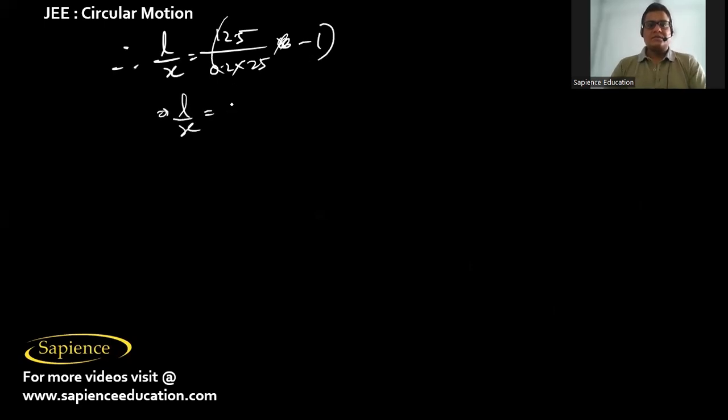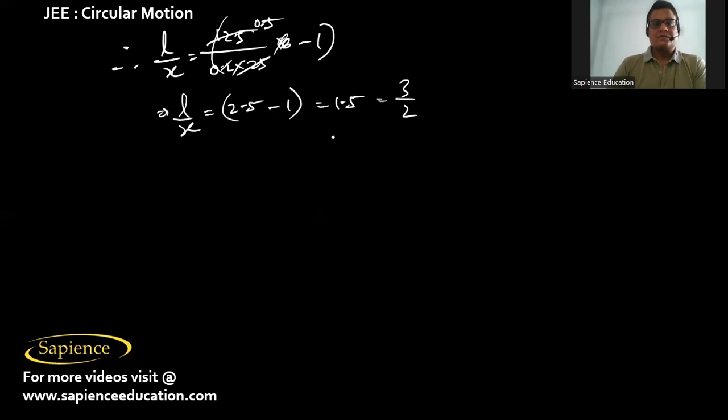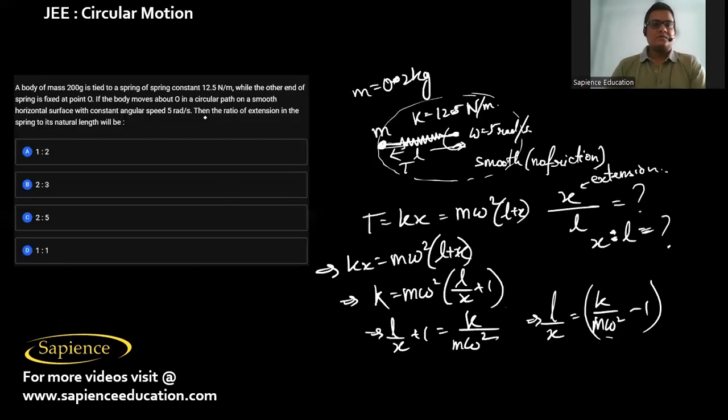K is 12.5, m is 0.2, omega is 5, so 5 square is 25. So for L by x, this is 25 times 0.2, which is 5, so 12.5 by 5, that is 2.5, minus 1. So this is 1.5, which is equal to 3 by 2. So L by x is equal to 3 by 2. So x by L will be equal to 2 by 3. Therefore x is to L will be 2 is to 3. So the required ratio of the extension of the spring to its natural length will be 2 is to 3. So option B is the correct answer.